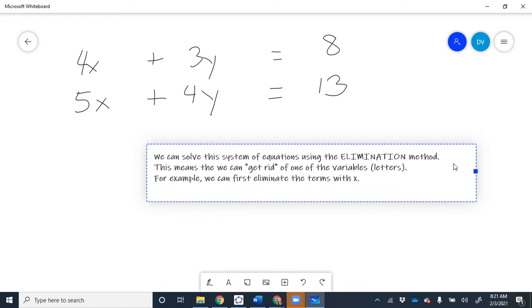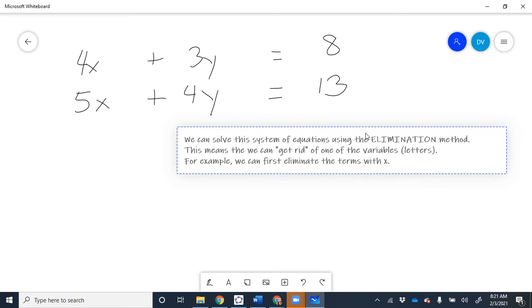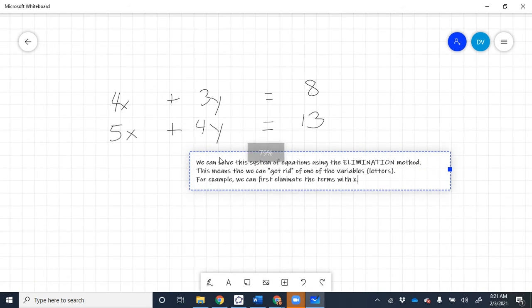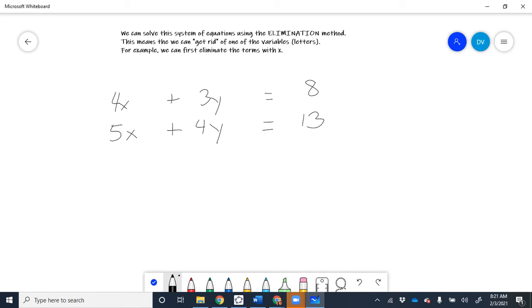And when we do that, we'll have a much simpler equation, right? So let me move this around and put that note up there. Now, if we want to eliminate the x, I want to focus for just a second on these two terms that have the x in them.